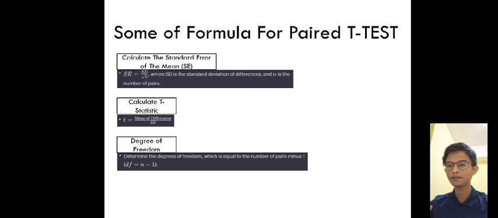The formula is the mean of the differences divided by the standard error of the mean. And the last one is the degrees of freedom, which is equal to the number of pairs minus 1.